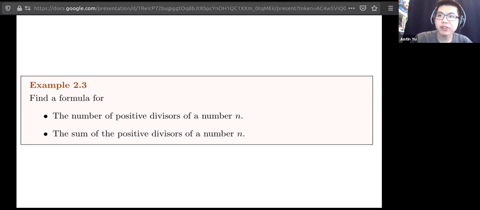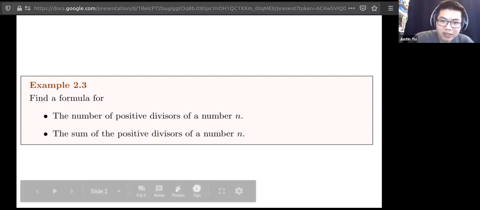By positive divisors, I mean all divisors. So like a positive divisor of 12, you'd include 12, you'd include 6, you'd include 4, all of them. And 1, yeah, 1's the most important one, of course.